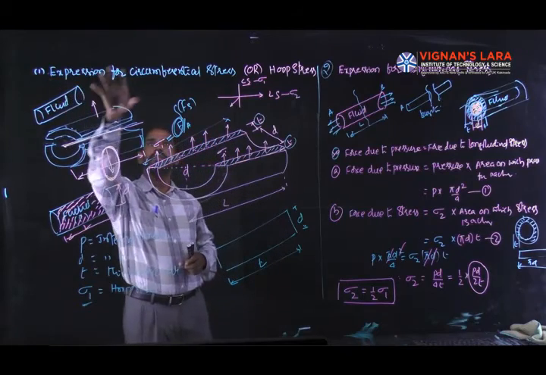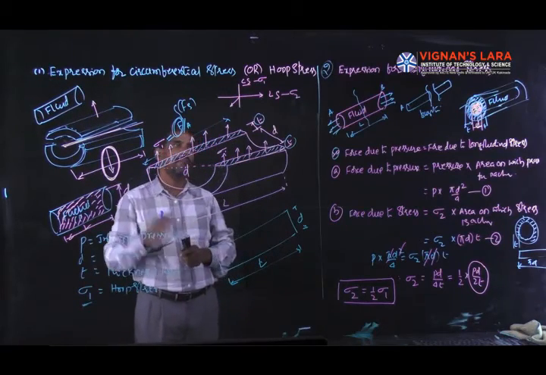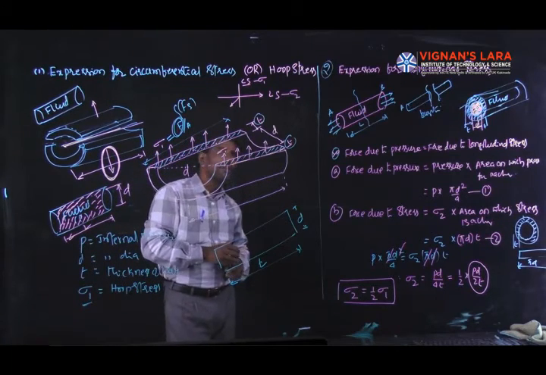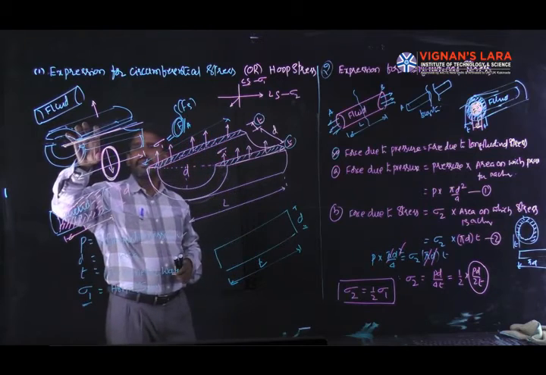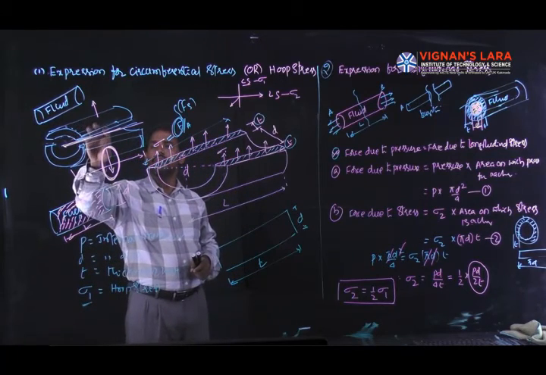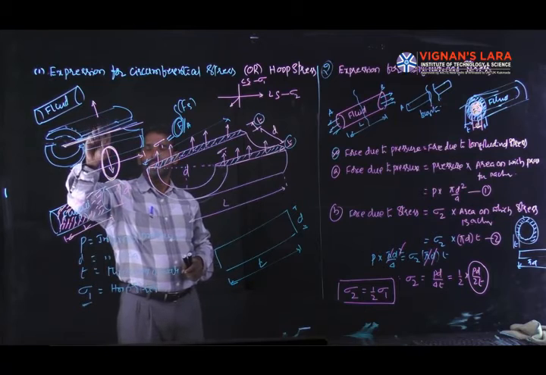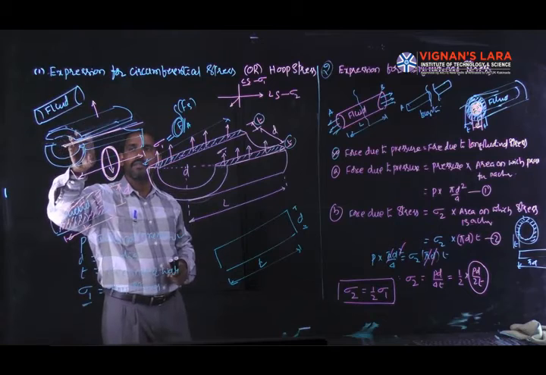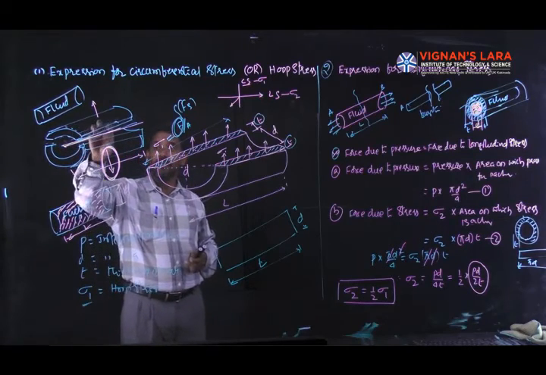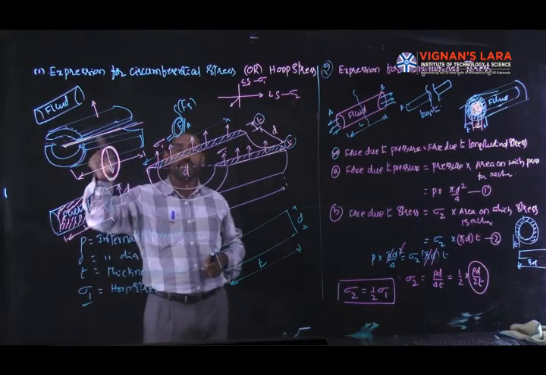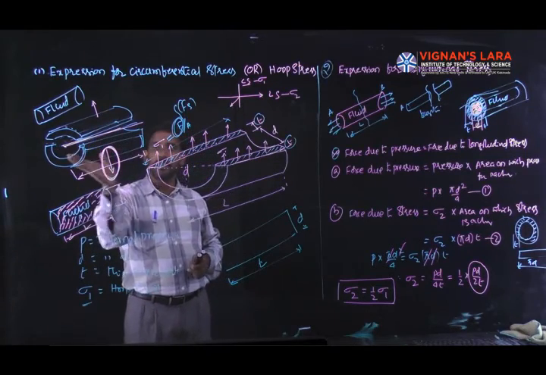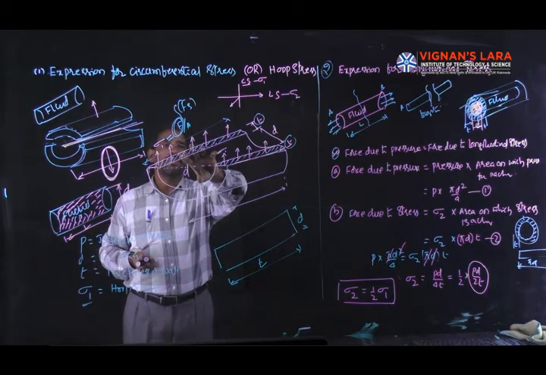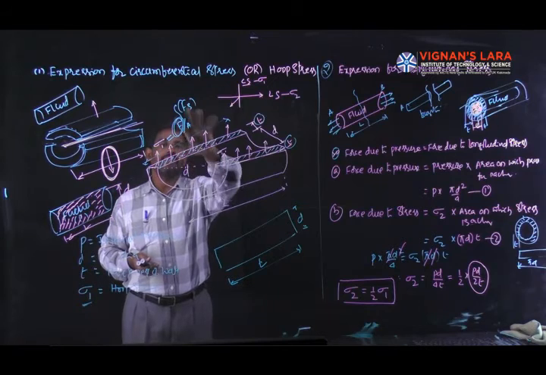Initially we derive the expression for circumferential stress, represented by sigma 1, also called hoop stress. Whenever the fluid pressure acts on a cylindrical shell, bursting takes place circumferentially at a particular position. We must know the force acting on a particular area. The force due to pressure circumferentially must be equal to the force due to the stress circumferentially.